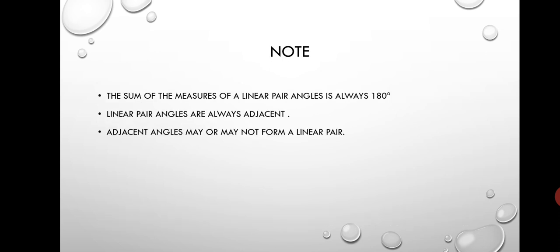Linear pair angles are always adjacent. This means they have to fulfill the two conditions of adjacent angles. Adjacent angles may or may not form a linear pair. It means out of all the adjacent angles, a few are linear pairs, and which are those? Those whose sum is 180 degrees.